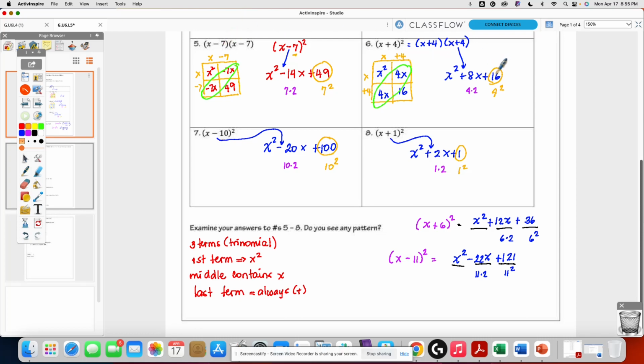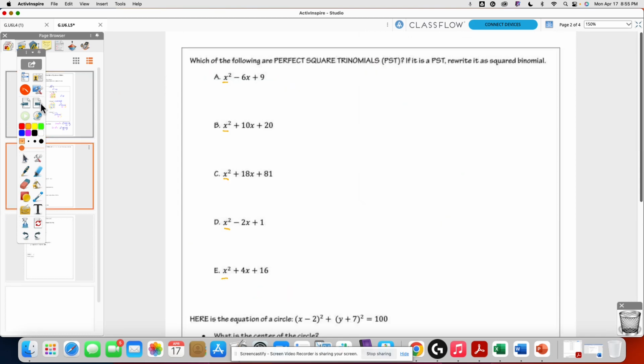The square root of 16 is equal to 4. The square root of 100 is 10. The square root of 1 is 1. All right? So, which one of these are perfect squares? 9 is a perfect square, right? The square root of 9 is equal to 3.